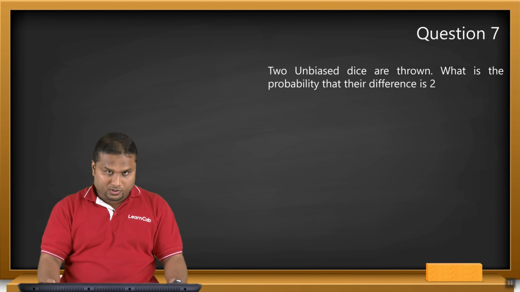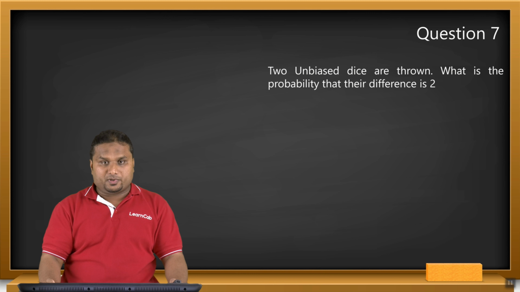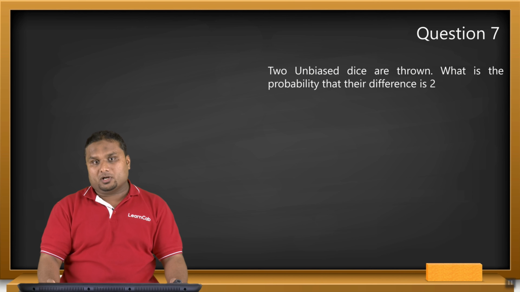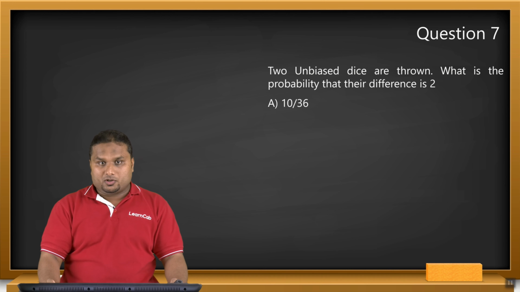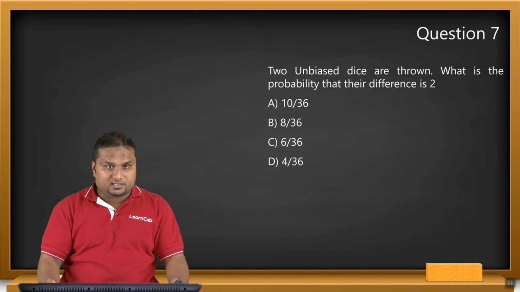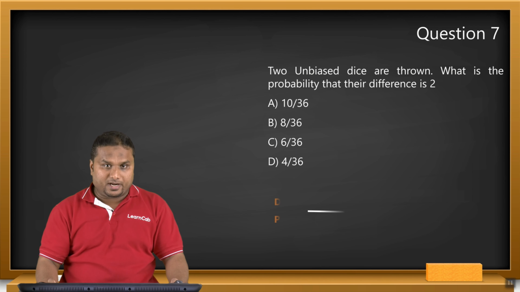Their difference is 2. So instead of writing the sample space like what I did for the sum, here also I'm writing some techniques for cracking the questions in seconds. So the answer is option A is 10 by 36, option B 8 by 36, option C 6 by 36, option D 4 by 36.